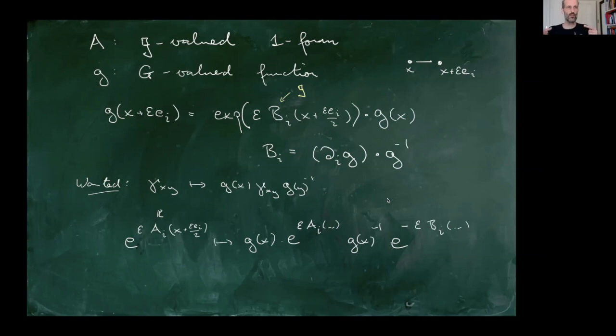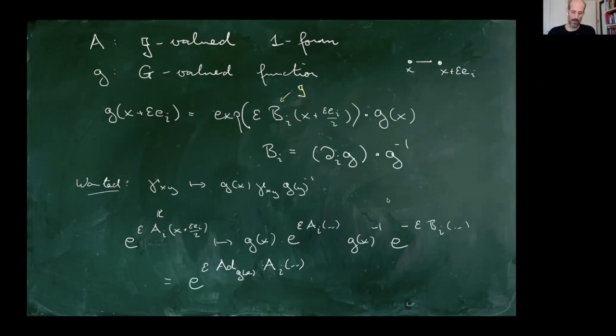sort of commutes with exponentiation, in the sense that there is an action of the Gage group, of the Lie group onto the Lie algebra, which is called the adjoint action, which is such that this is just e to the epsilon adjoint action on e_i, on A_i of and so on, right, times e to the minus epsilon.